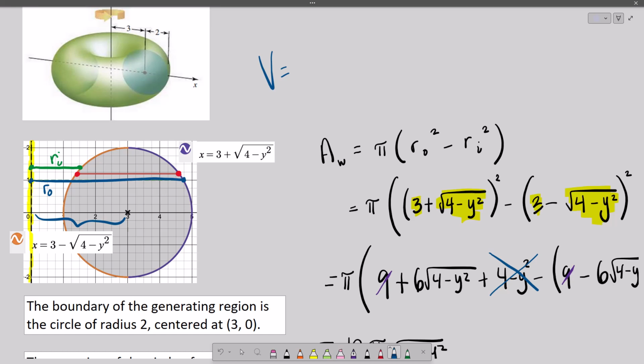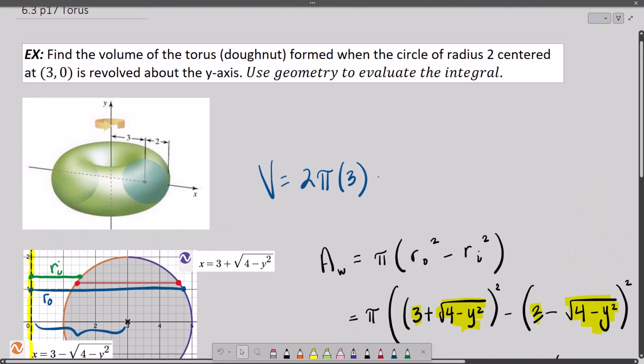Yep. Okay. So this point here is 3 units away, so 2 pi r will be 2 pi 3. So this is going to be the distance traveled by that center point, right? It's the circumference of a circle of radius 3. So that's circumference, multiplied by the area of this circle. So this is circumference, right there.